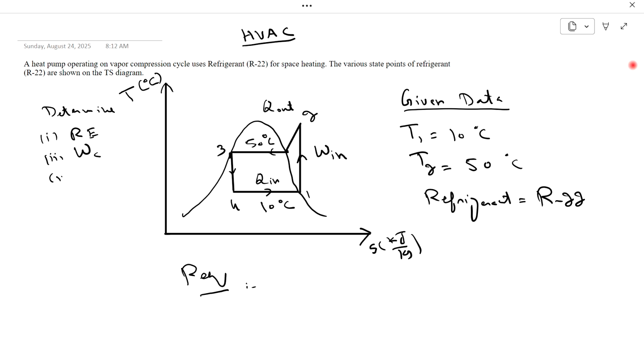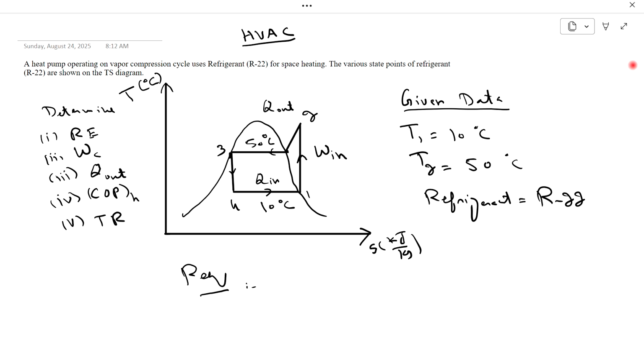Third is the heat rejected in the condenser, Qout. Number 4 is the COP of heating. Number 5 is the ton of refrigeration. These things are required.